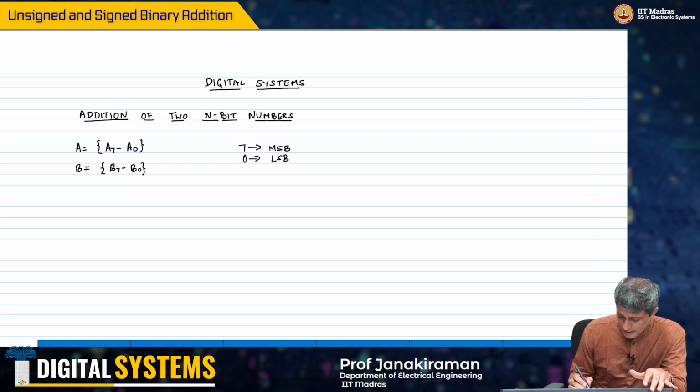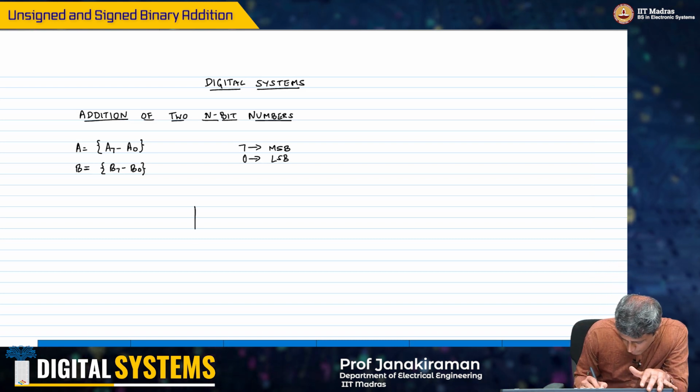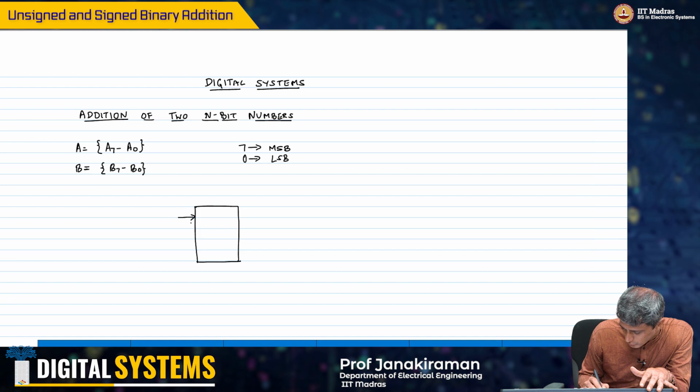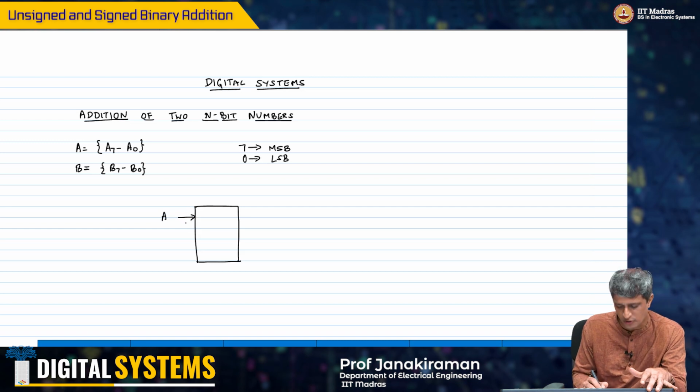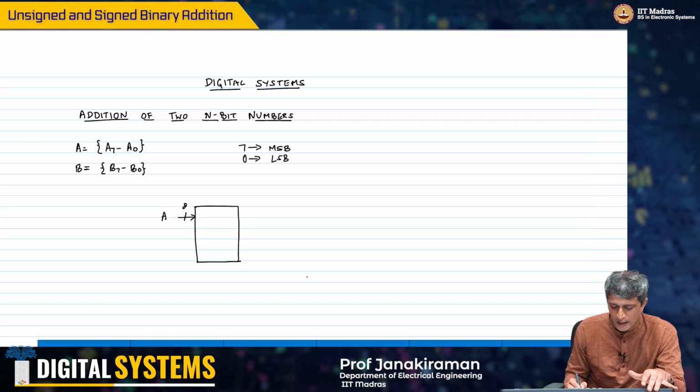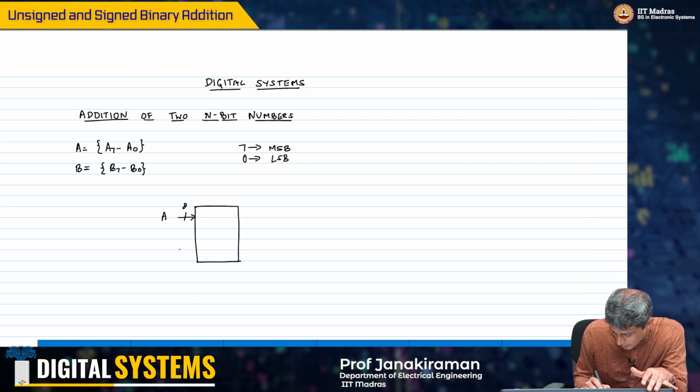So let us say now I have something like this. A. Usually when it is 1 bit we just write 1 arrow. If it is multi-bit, we could put this cross line here and indicate the number of bits.